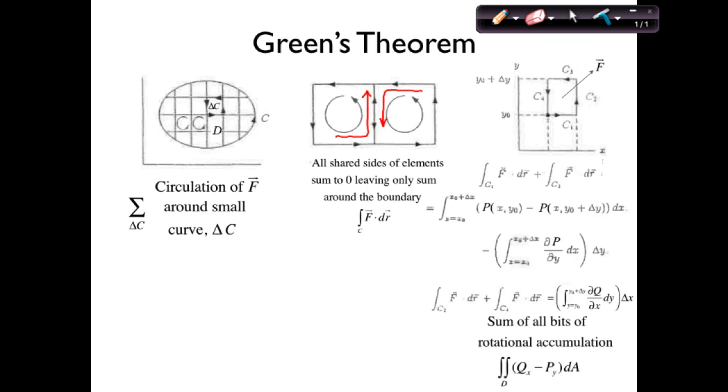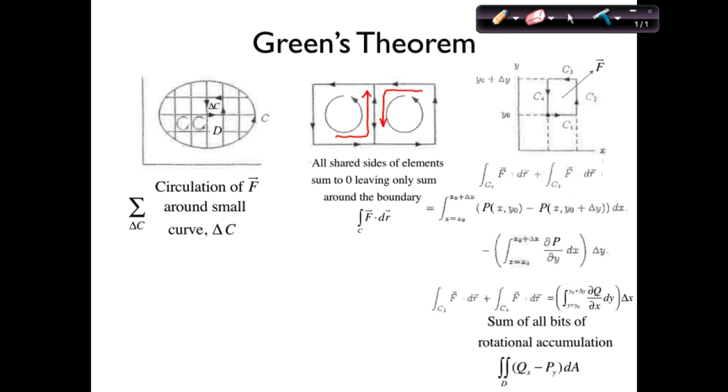But what happens is when you actually sum up all of those circulations, you land here with a double integral. So you're integrating over the whole interior region D. When you sum all those up, you get the double integral of qx minus py. Again, not going to take the time. I'd love to sit down in my office and flesh that out with you if you want.